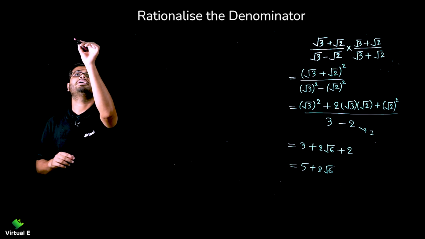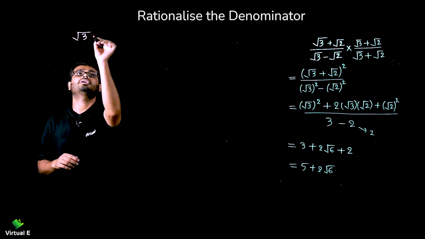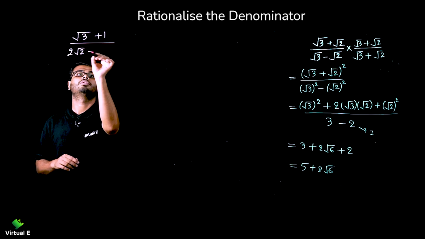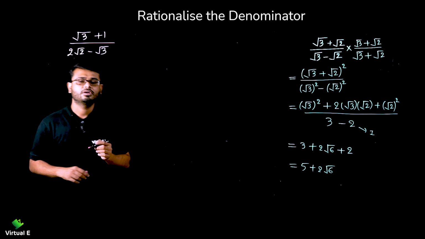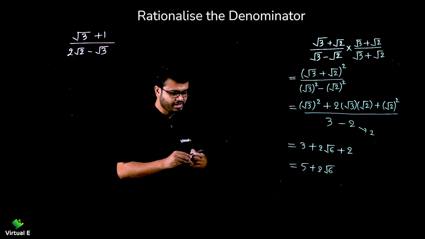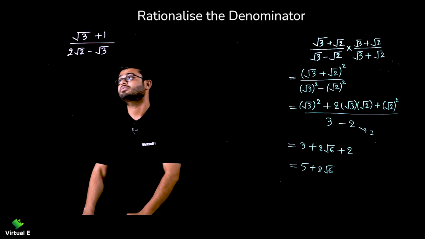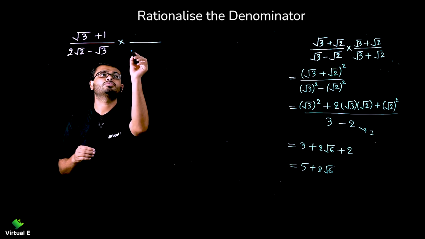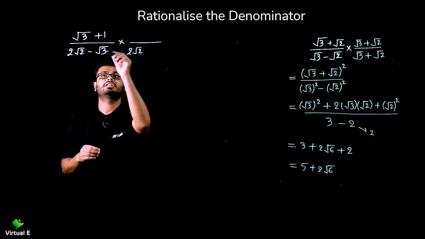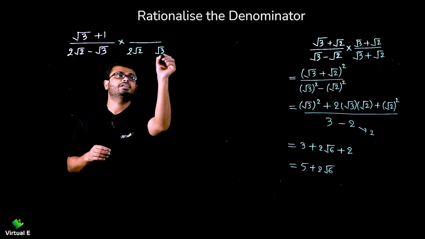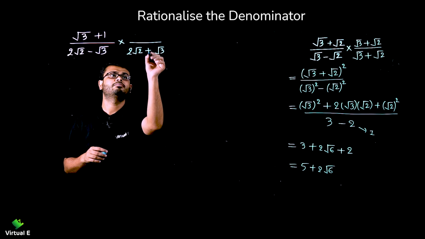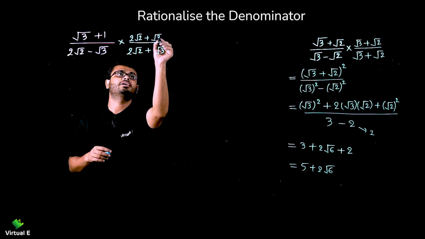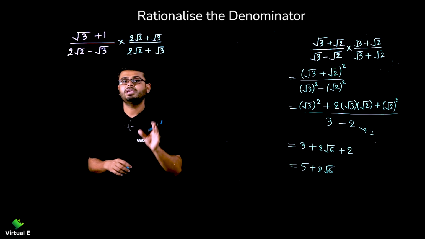So here we have, let's say, root 3 plus 1 over 2 root 2 minus root 3. Okay, so this is the question. So we are going to start with what? Conjugate only. So let's start with the multiplication. First of all, here 2 root 2, so here as well, then root 3, so root 3 as well. As this is minus, we'll be writing plus, so 2 root 2 plus root 3 exactly as the denominator.